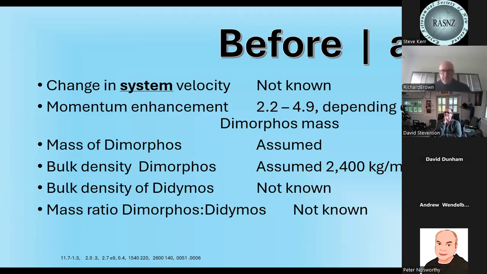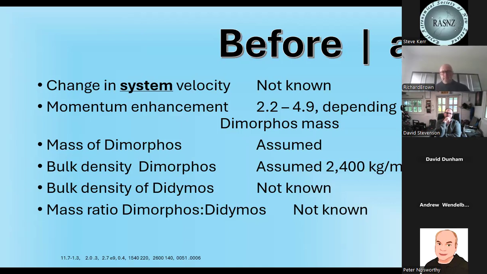So they couldn't derive a change in the system velocity. They measured the change in the velocity of Dimorphos around Didymos, and it was a few millimetres per second.